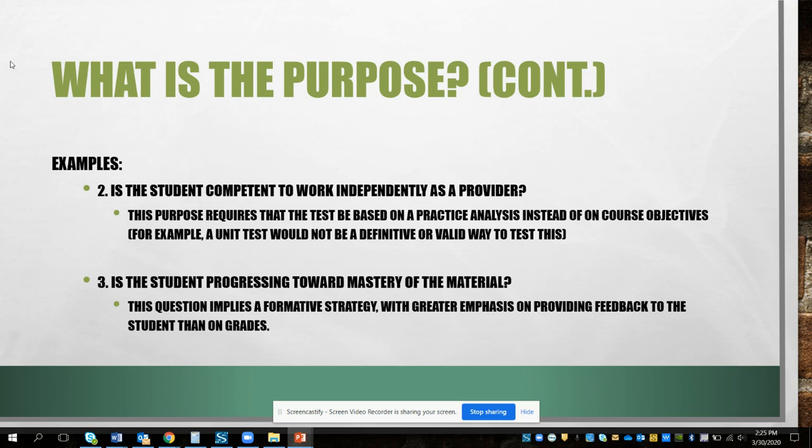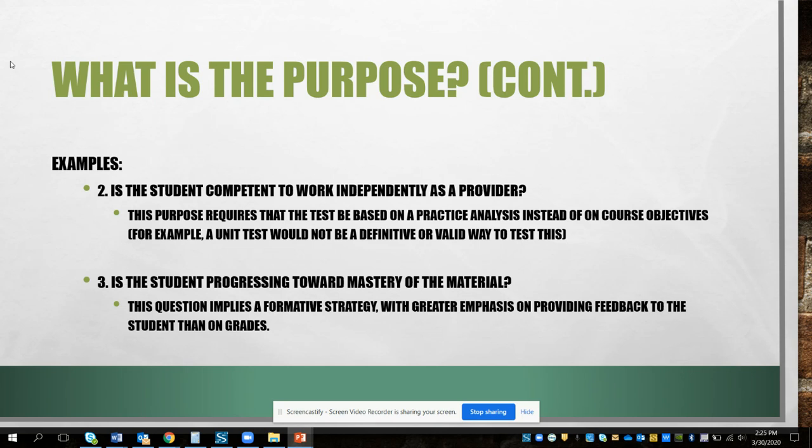This would be something taken at the end of a course, like a final exam, to determine, do you have a base knowledge not just on one set of skills or one area of information, but are you ready to leave this program in practice as an independent provider? And usually we check that in a variety of ways: final exam and technical scope of practice, coupled with the affective evaluation by clinical preceptors.